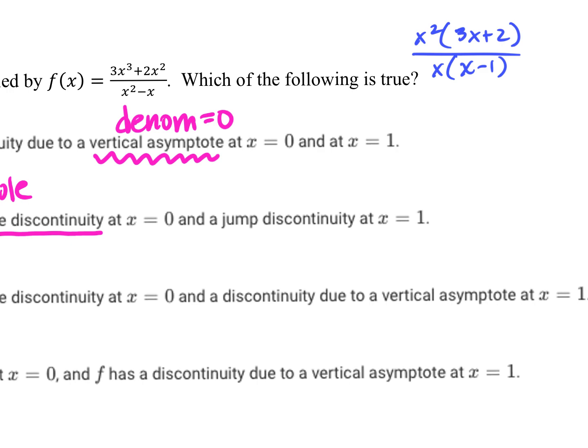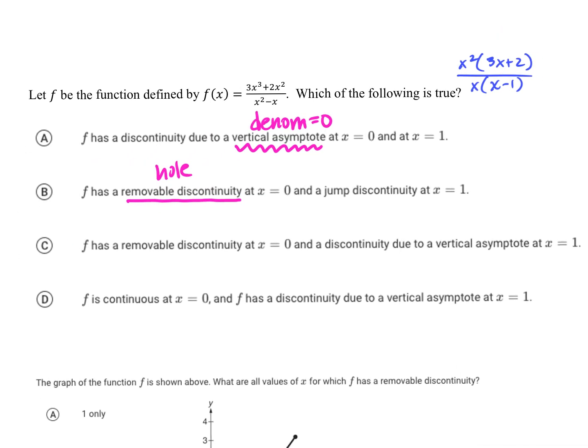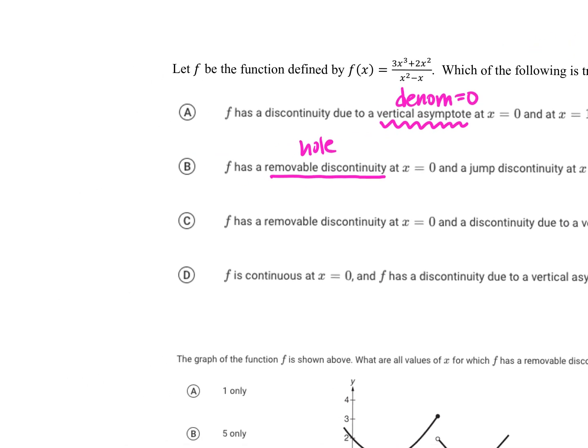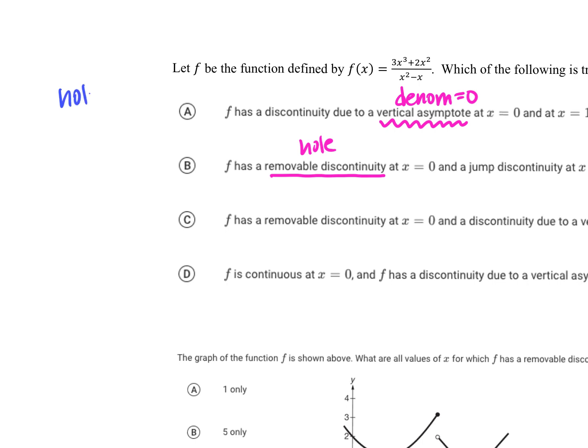Okay. Let's first remind ourselves how you find a hole. Do you remember algebraically what a hole comes from? If the numerator and denominator have the same factor. So I'm going to do a little side lesson real fast. To have a hole, if I factored something to be x plus 2, x minus 5 over x minus 5, I would have a hole at 5 because the top and the bottom have the same factor.